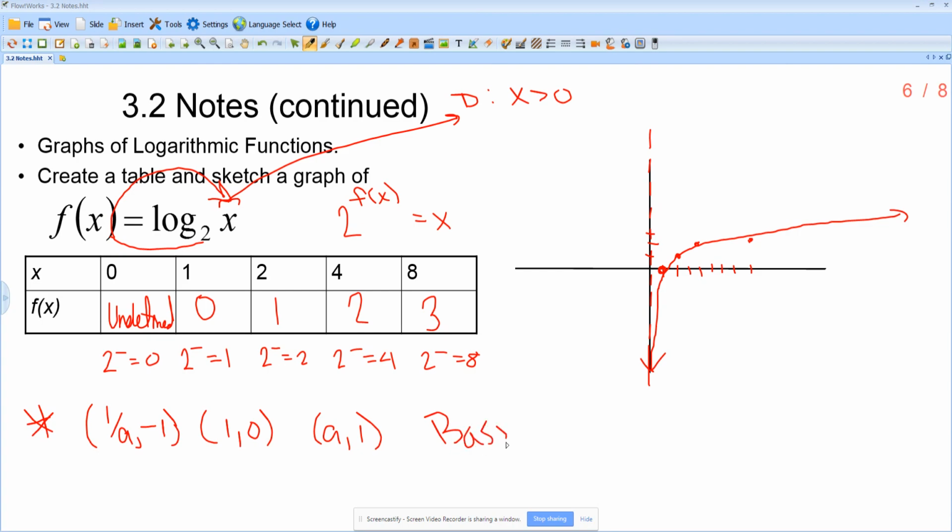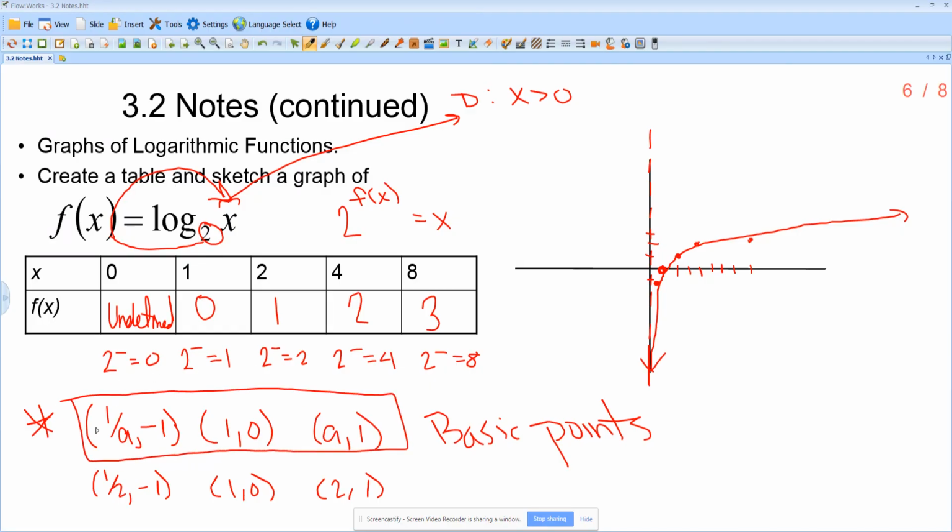These are your basic points, where a represents the base. So notice we would have 1 over 2 comma negative 1, 1 comma 0, and 2 comma 1. You can see 2 comma 1 and 1 comma 0, and 1/2 comma negative 1 was on this graph. These basic points are what we are going to use to graph logarithmic functions.